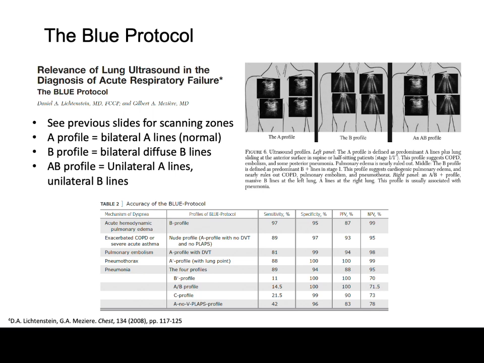On the upper right-hand side of the slide, you can see an A profile is determined by bilateral A lines, a B profile is determined by bilateral B lines, and an AB profile is determined by unilateral A lines and unilateral B lines. In the table below, you can see the accuracy of the BLUE protocol in determining various respiratory pathologies when evaluating patients with acute respiratory failure.